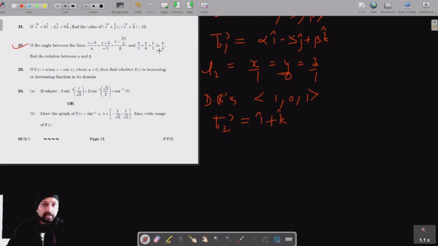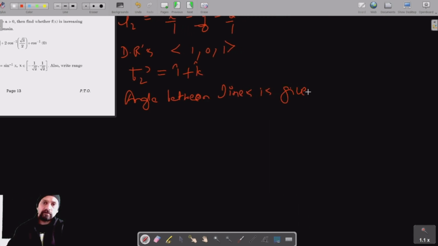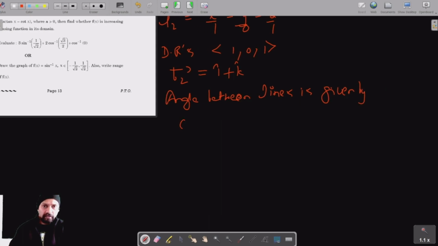Now the angle between the lines is pi by 4, and we know that the angle between the lines is given by cos theta is equal to the dot product of the parallel vectors upon the product of the magnitudes of the parallel vectors.